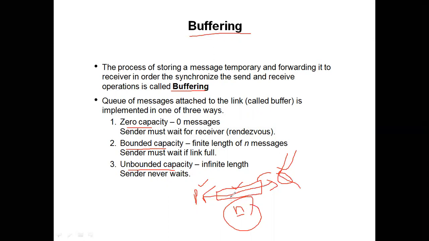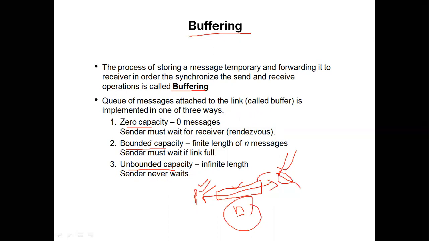If you remember, it is analogous to the producer-consumer problem. So we can use semaphores to synchronize the sending and receiving of messages between P and Q, where P acts as the producer, and the receiver acts as a consumer.